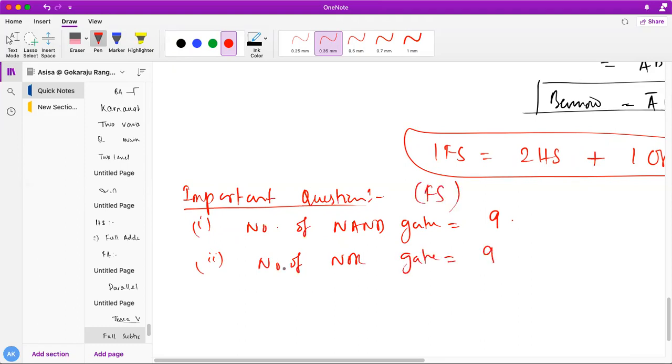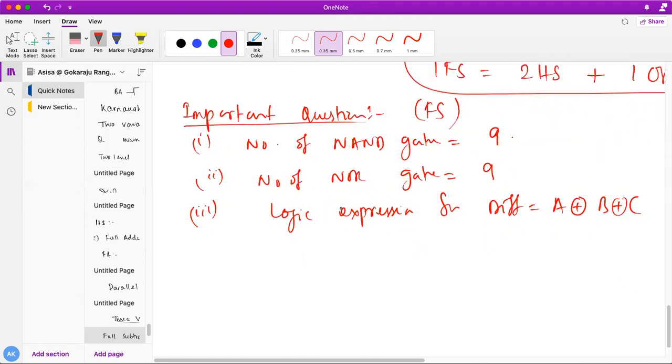So these are all for the full subtractor. The third point is the logical expressions. The logical expression for difference is A XOR B XOR C. And for borrow, we got three different equations, students. What are those? One is A bar B, A bar C, or BC.